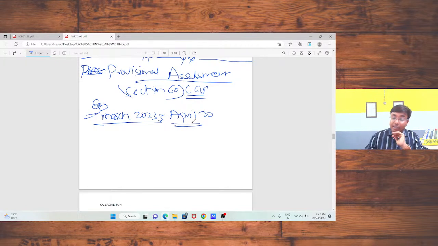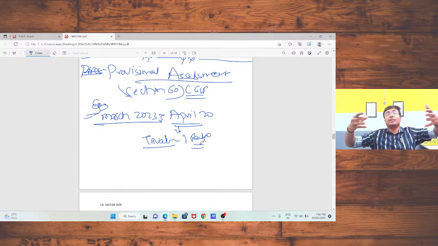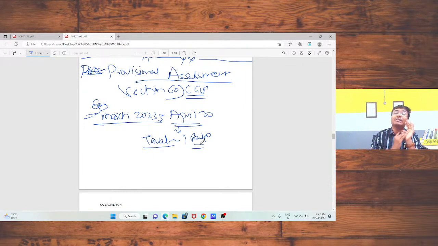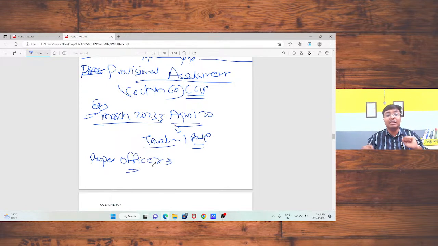In that case, if I am not able to decide the taxable value or the rate of my supply, that means if I had made any special supply to a person and I am not able to decide the value or rate, I have an option to apply to the proper officer. I can say, sir, I am not able to decide the rate or value of a particular supply, can you please decide it?